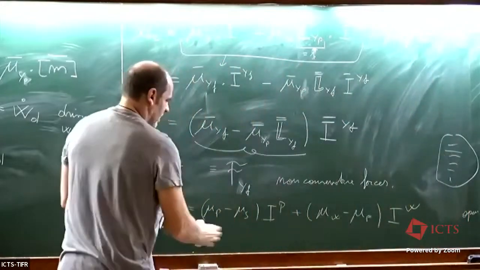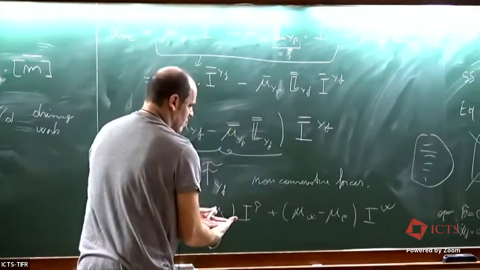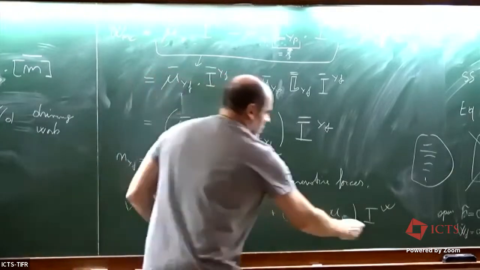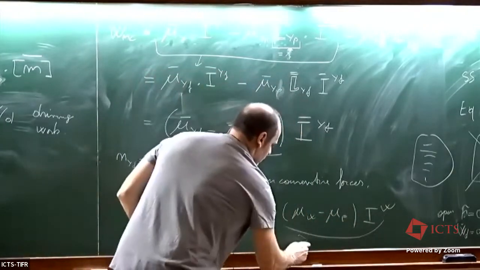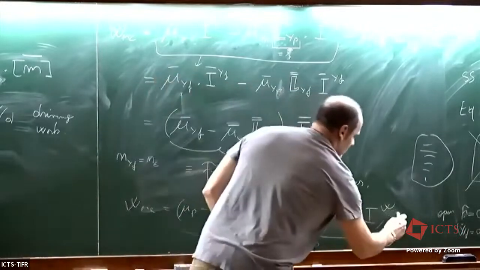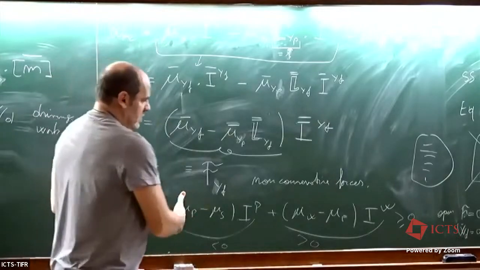So if this is equal to this and this is equal to this, it is zero. There's no more non-conservative work. If you want to transduce, if you want to use this term that is very positive to power this one that is negative, but such that the sum is still positive by the second law, the sum will be non-negative.